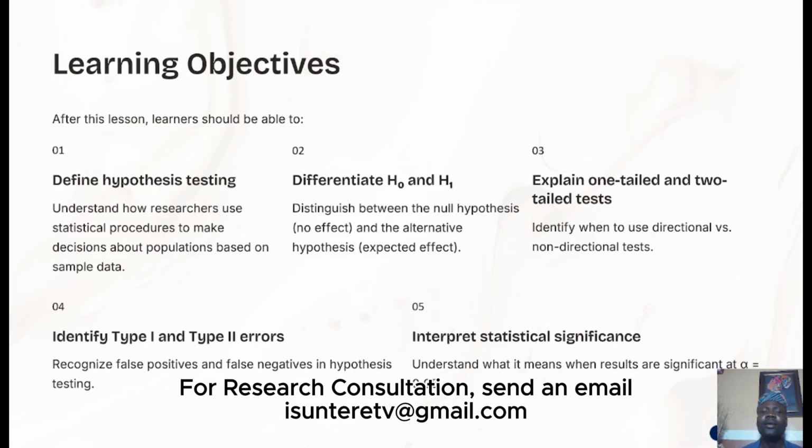Number three, you must be able to explain the one-tailed test and two-tailed test. You must be able to identify type 1 and type 2 error. You must be able to interpret what is statistically significant and what is not statistically significant.